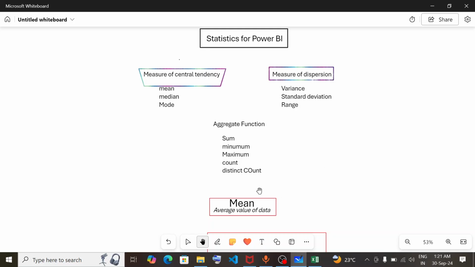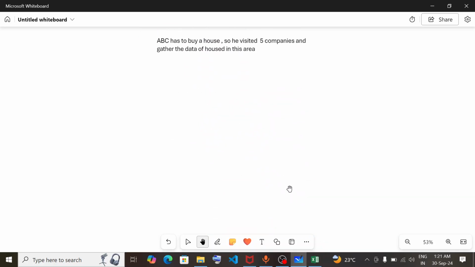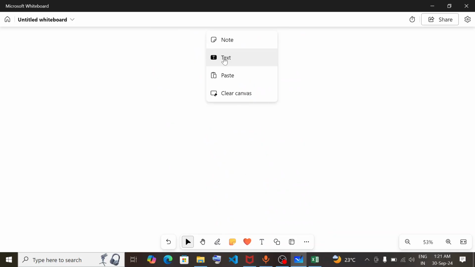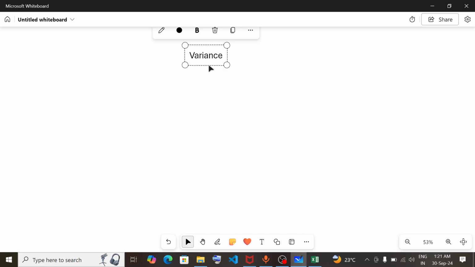Okay, so let's start with variance. I will put the heading for the first part, which is variance, and increase the font size for clarity. Basically, measures of central tendency return the center value of data.